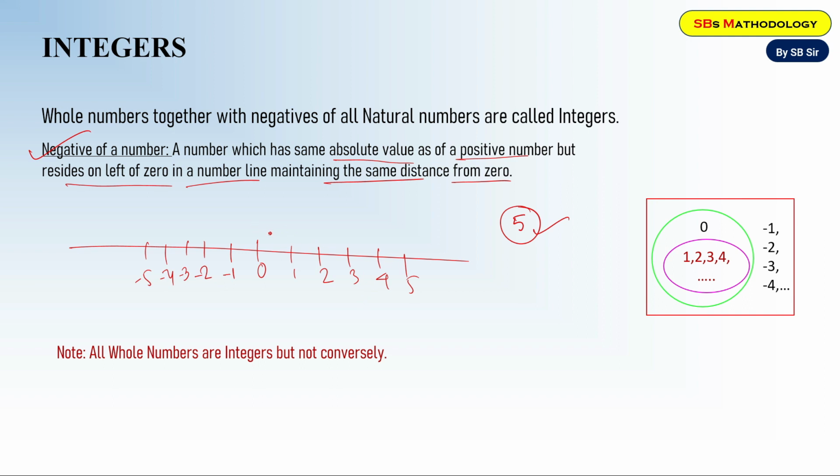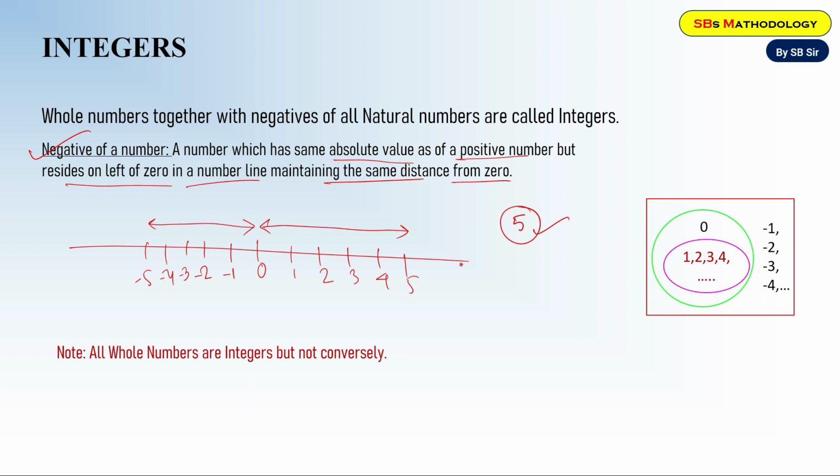Now 5 is at some distance from 0, and the negative of 5, that is -5, is equally distant from 0. So the numbers which have the same absolute value, in this case 5, and reside on the left side of 0 maintaining the same distance from 0, are called the negative of the number.